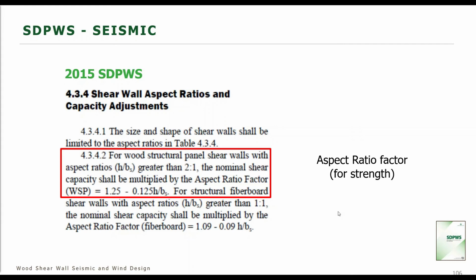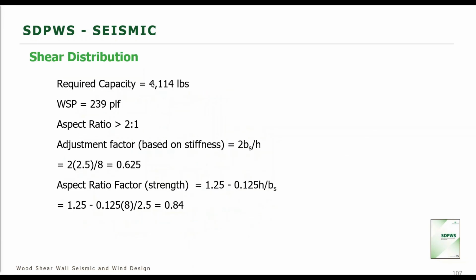So the previous section was so that we can have equal deflection in our shear walls, so we have drift compatibility. And this section shown here is based on strength, because the narrower wall is going to be less strong than the longer wall. Now, these are not cumulative adjustments. Whichever one is the least would govern in the design.